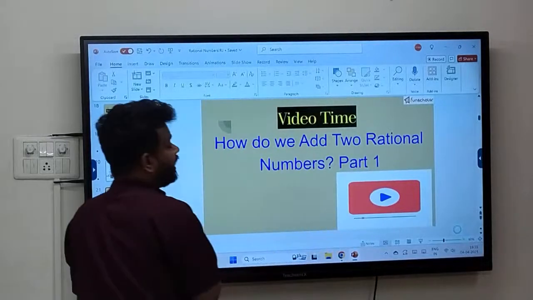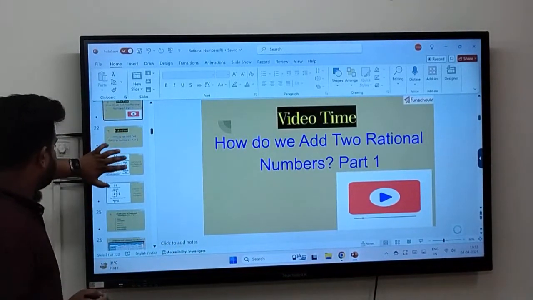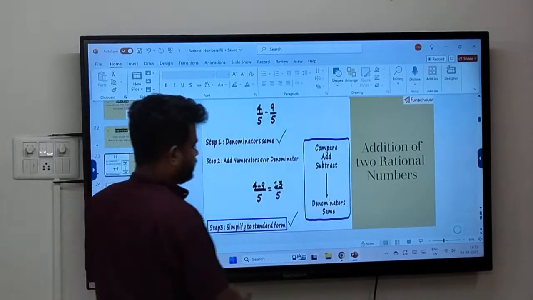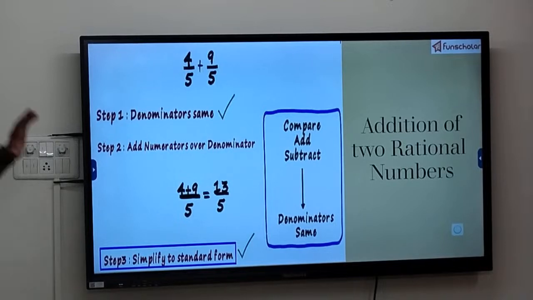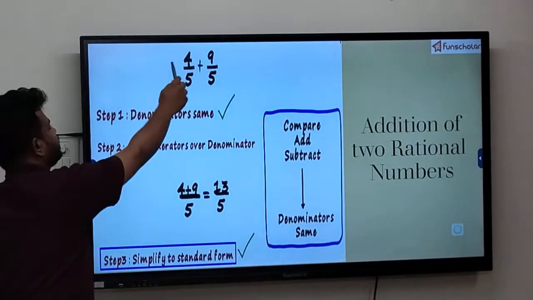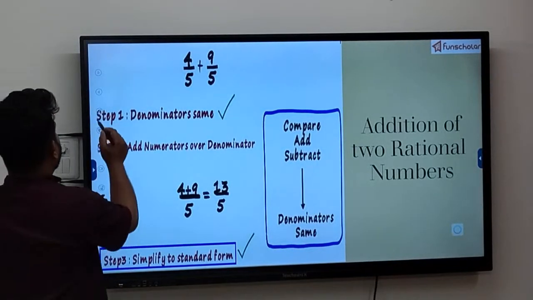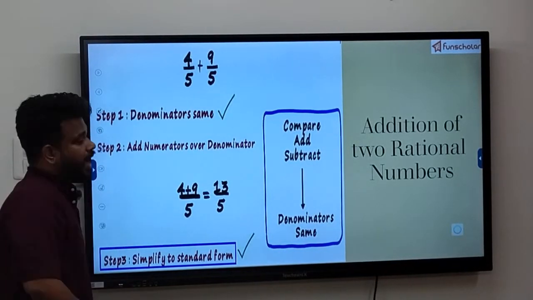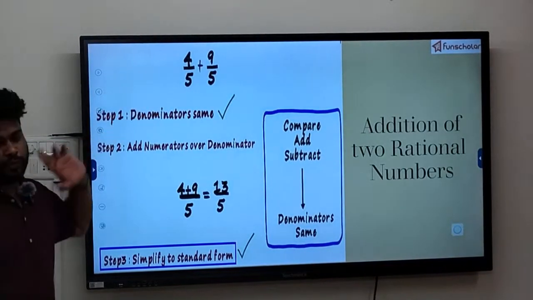Okay, I am explaining it again from this slide. Currently we have two fractions, 4 by 5 and 9 by 5, and we have to add them. We look at the denominator.